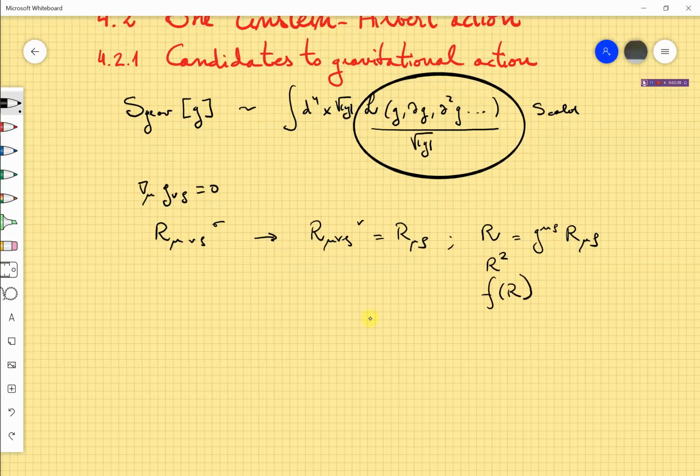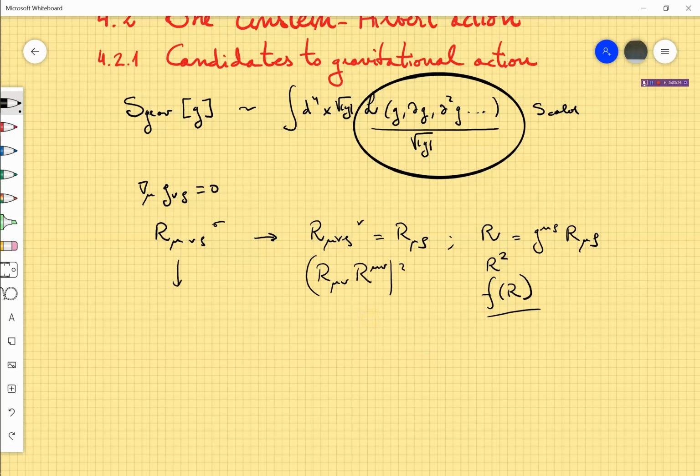Theories constructed with this kind of Lagrangian are very popular nowadays, and they are a particular case of what are now called modified gravities. Another possibility is to take the Ricci tensor and then construct this scalar and consider powers of it, or things like that.